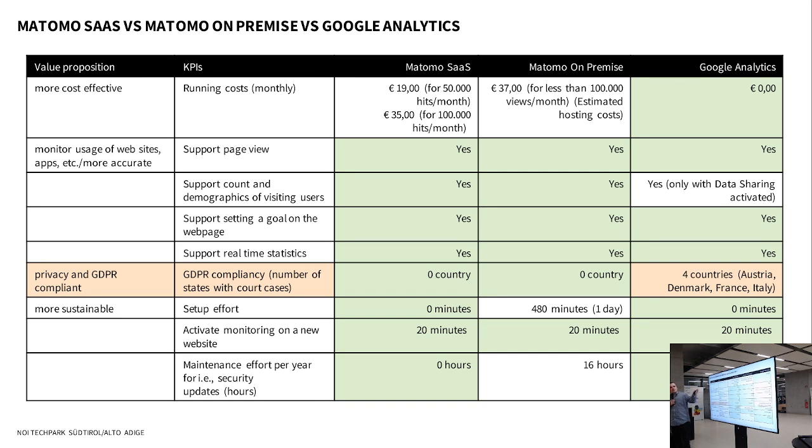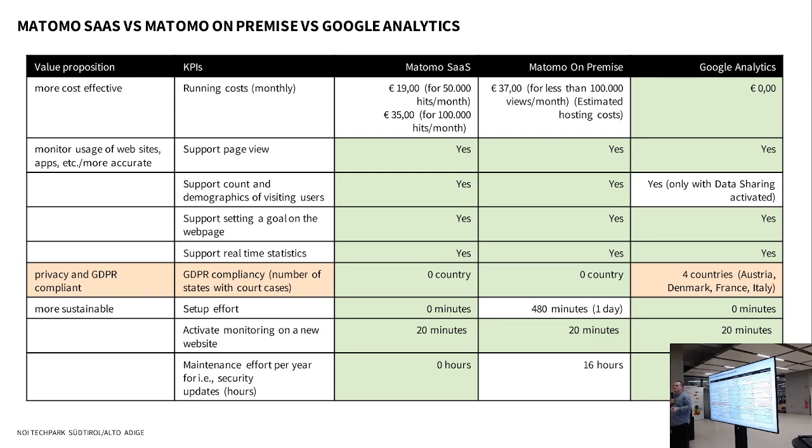And Matomo on premise, because we ran it only a few weeks with one website, it was quite hard to estimate how much it will cost. But on the Matomo website you see a machine that they recommend for this kind of traffic, and more or less the costs are around 37 euros.